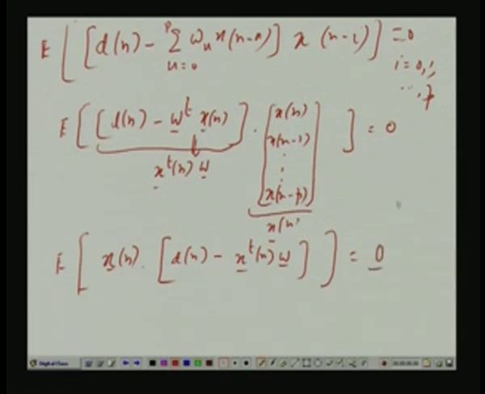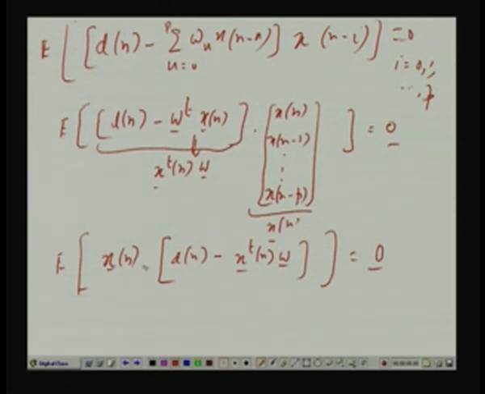this is equal to a 0 vector, of length p plus 1, where all the elements are 0. Now, if you carry out the product, the first term is the x n vector times d n. D n is a scalar, the desired response: d n into x n, d n into x n minus 1, d n into x n minus 2, up to d n into x n minus p.